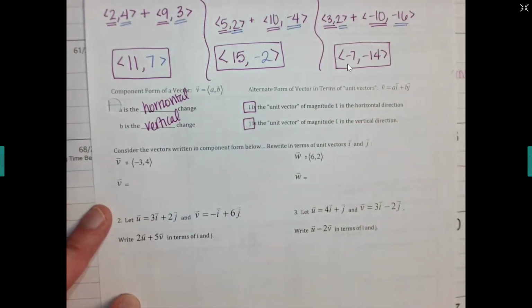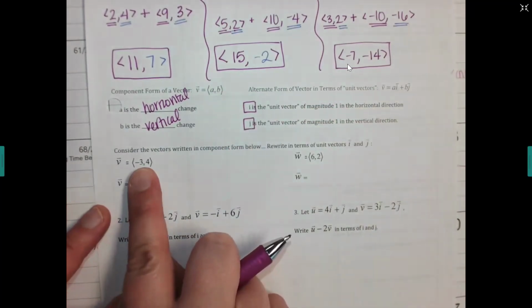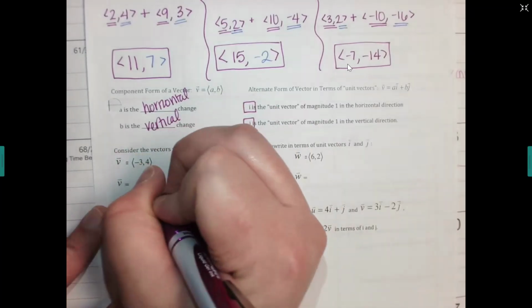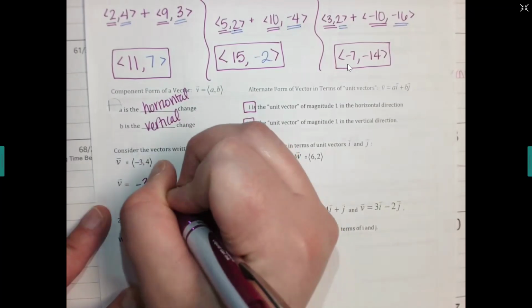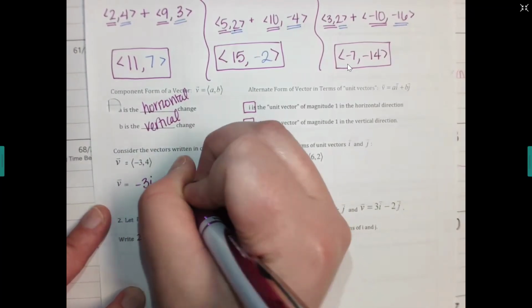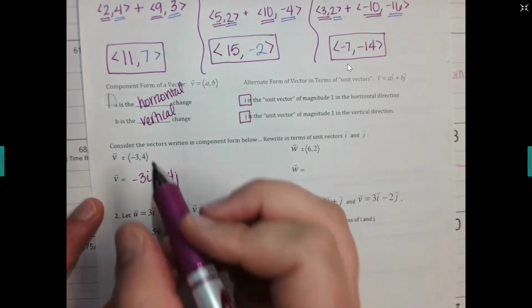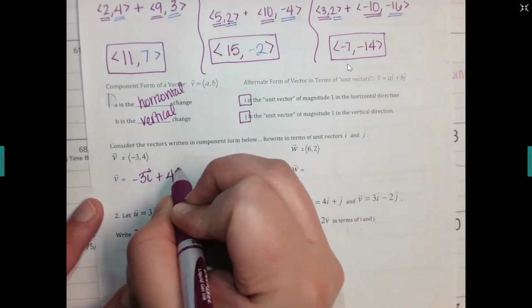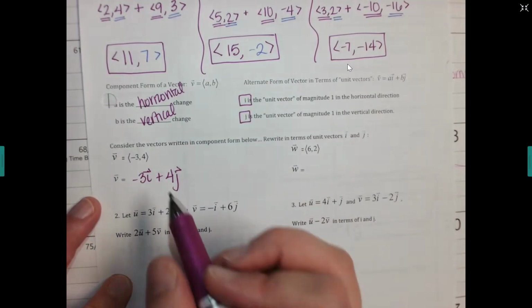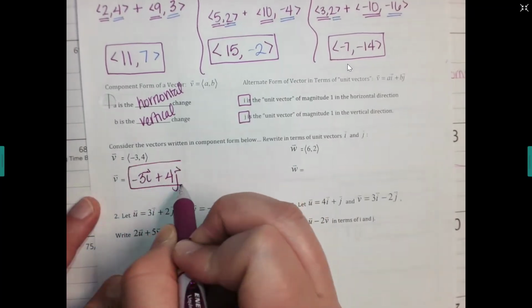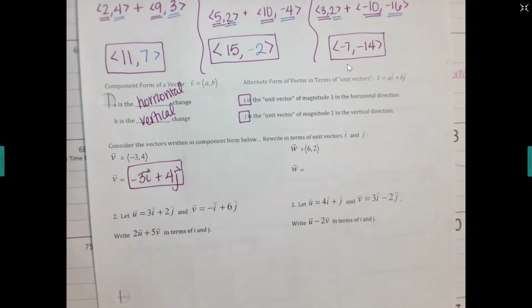Do you see this vector right here? <-3, 4>. You're going to do -3i plus 4j. Then to turn the i and the j into vectors, you give them the little arrow symbol. And then you're done. You'll notice this is a different representation of vectors, but really it's kind of the same.